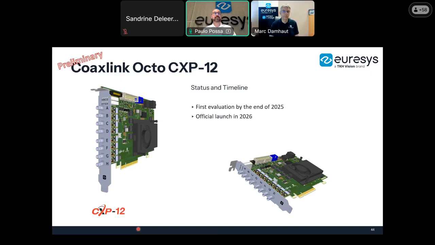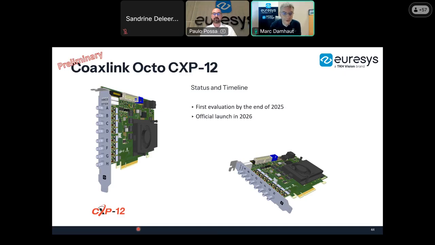So it's really the same CoaXPress, with the same advantages of the CoaXPress interface, but using fiber. For a frame grabber for RDMA, this is something that we are studying for the moment.